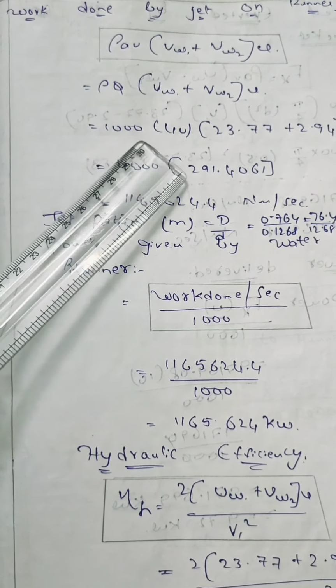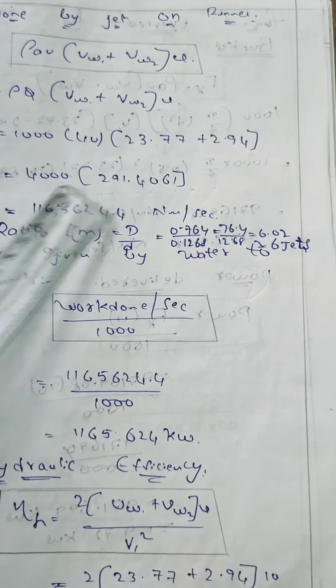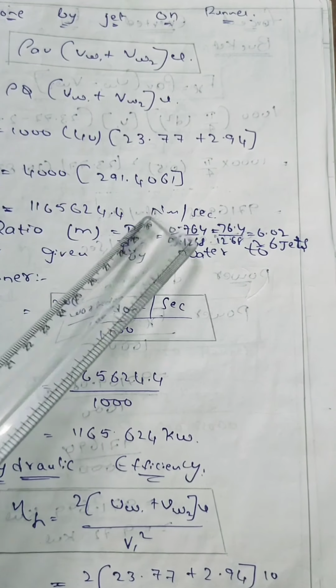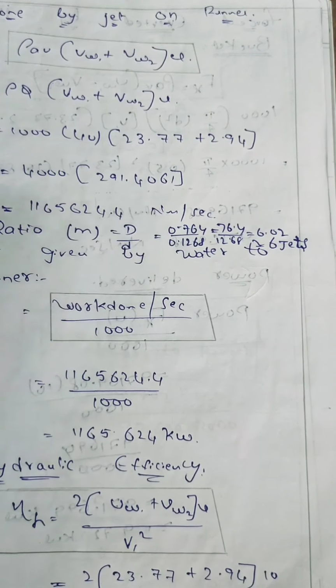VW2 equals VR2 cos phi minus U2, so by substituting we get 2.94. U was given as 10, and by substituting all this, we get around 1165.624 Newton meter per second. This is the work done by the jet on the runner.